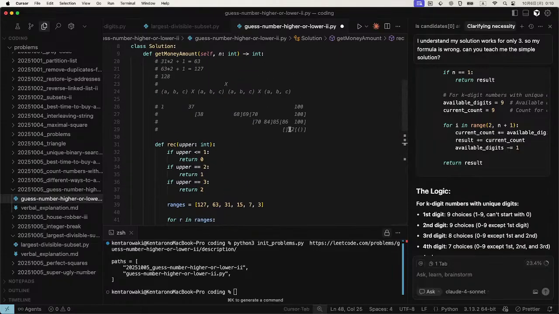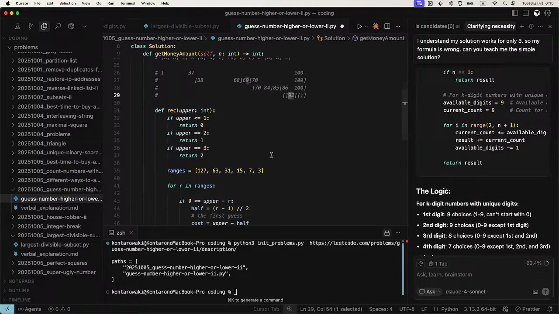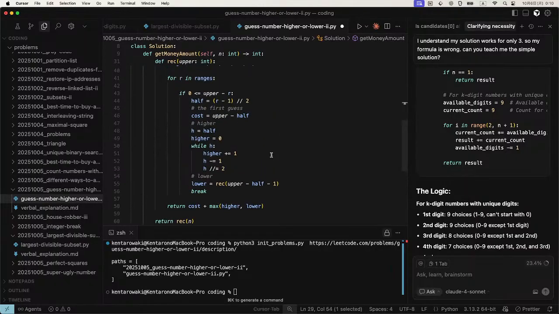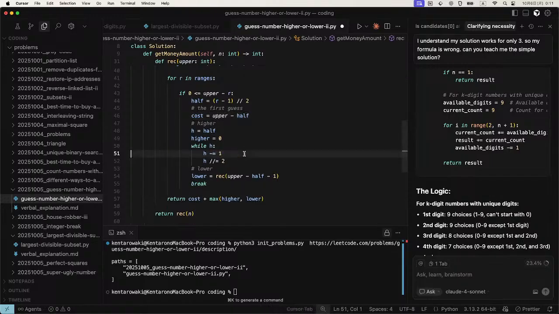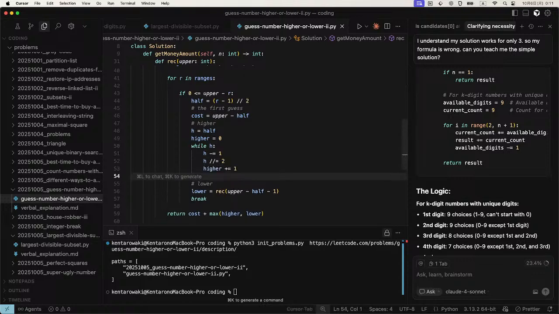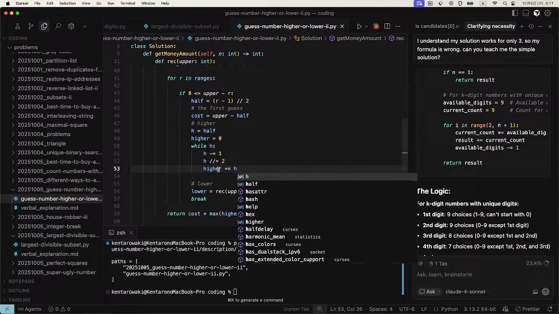We have to add these numbers. So like this.